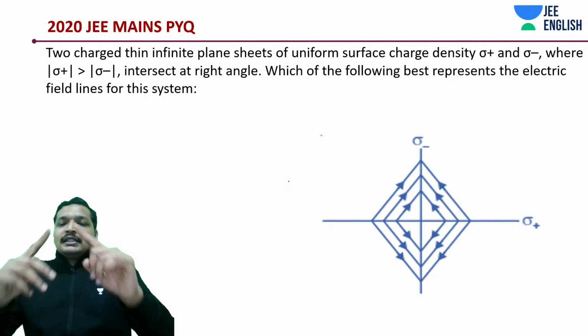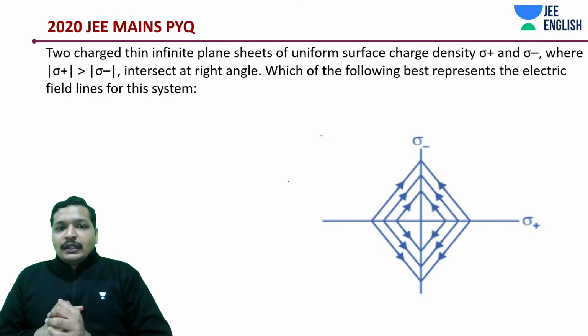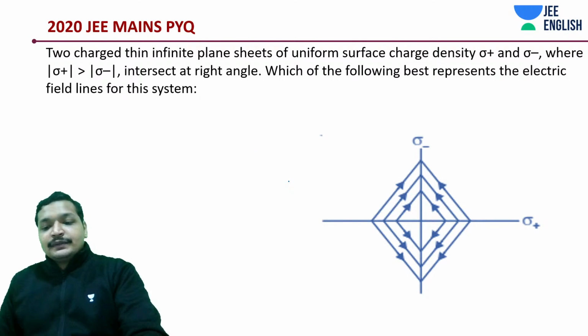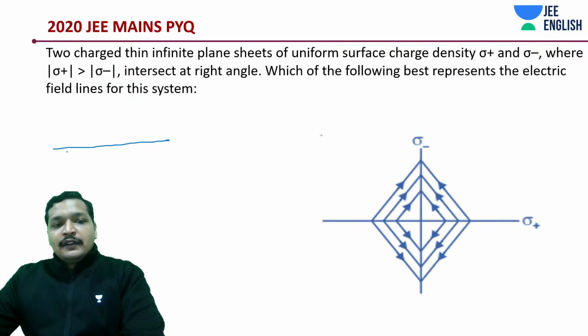The resultant should be like this, a straight line. It's not a curved line, because for an infinitely long sheet, we assume that it's all a straight line. Okay, I believe you understood.